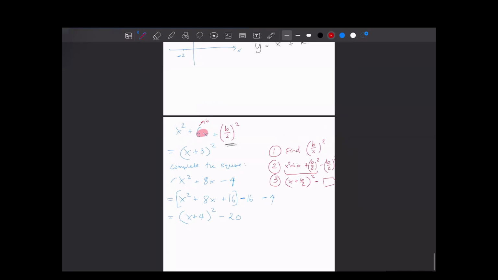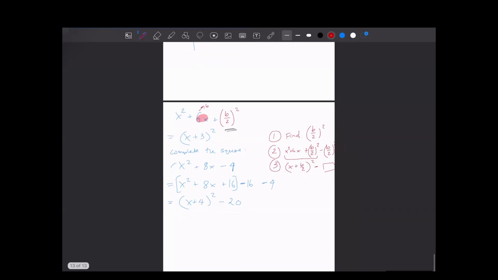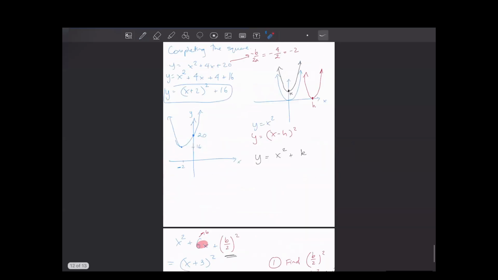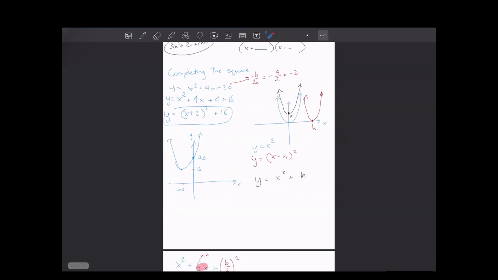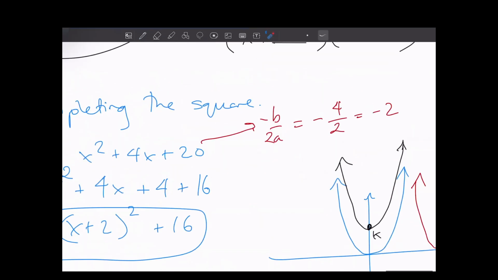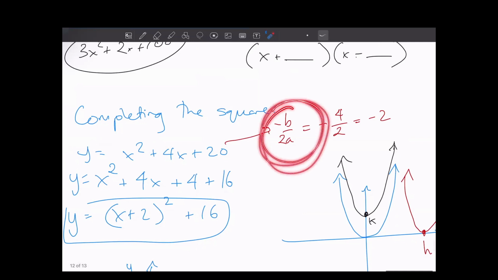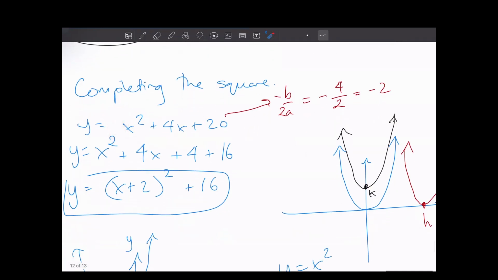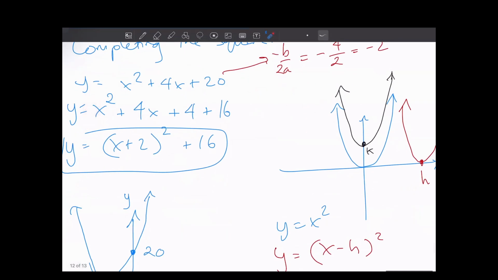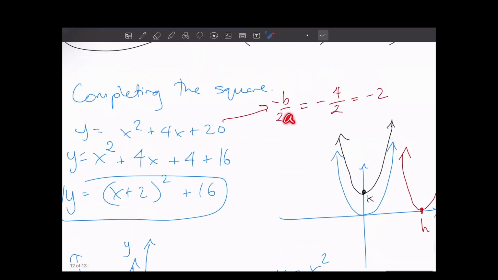Now, to end off, I will just say two quick things. First thing is I said that this is somehow linked to the axis of symmetry thing that you said. The reason is if you assume a equals 1, this formula minus b over 2a, because here we've always been dealing with monics so far, right? If a equals 1, this formula is just minus b over 2, right?